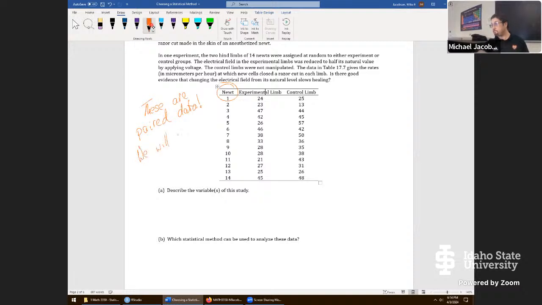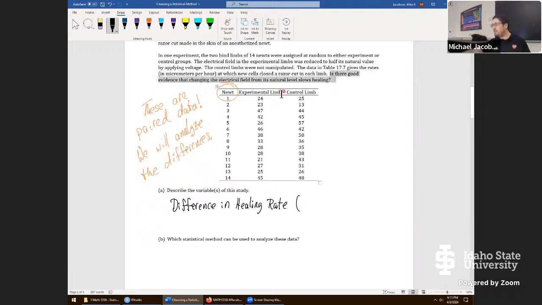We will analyze the differences. So again, we could describe experimental limb and control limb, but what we should really describe in this problem is difference in healing rate. You can subtract either way you'd like. You could take experimental minus control or control minus experimental.